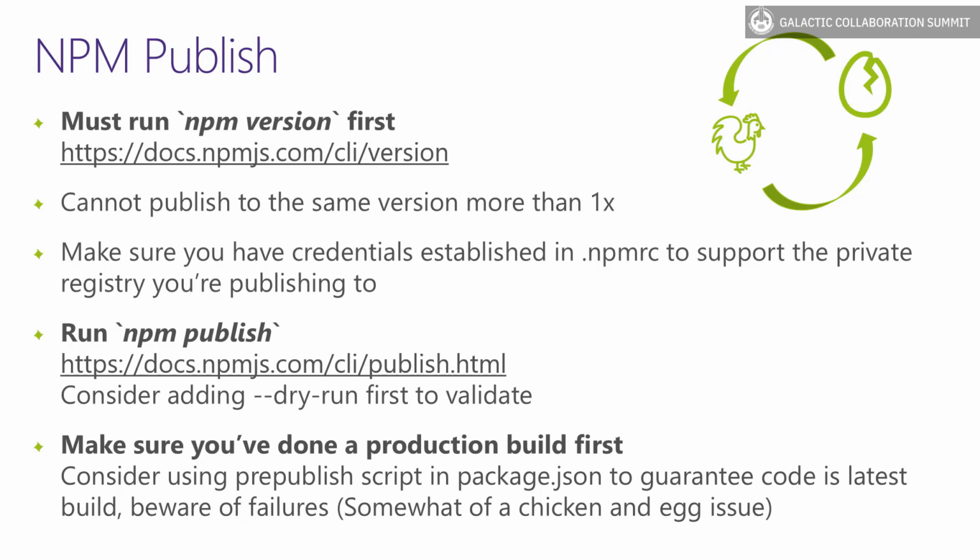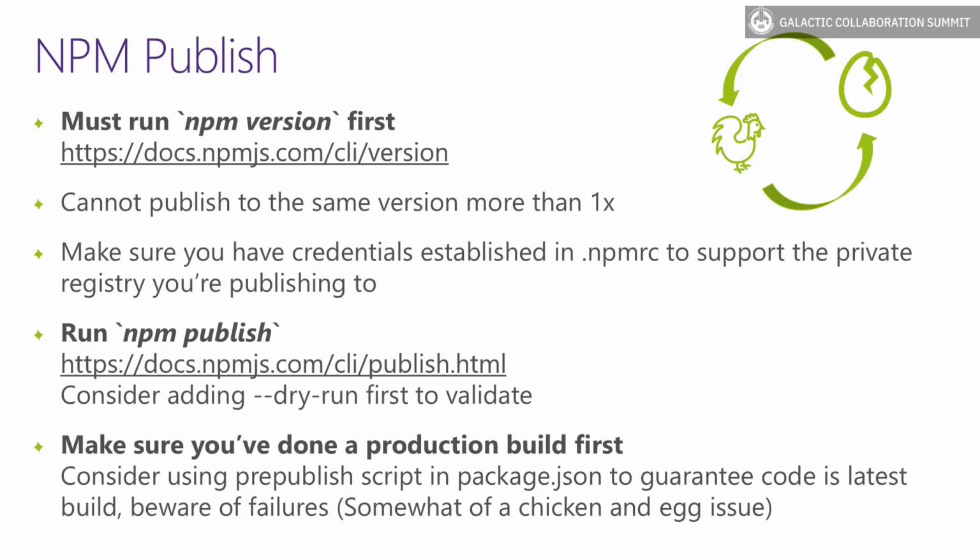And the reason for that is that you want to make sure that your package JSON has a fresh version number that you have not published before, because you cannot publish the same version of a package more than once. So you might want to do a patch version, a minor version, a major version, whatever it is, depending on where you're at in your development lifecycle. But you need to do that version first.